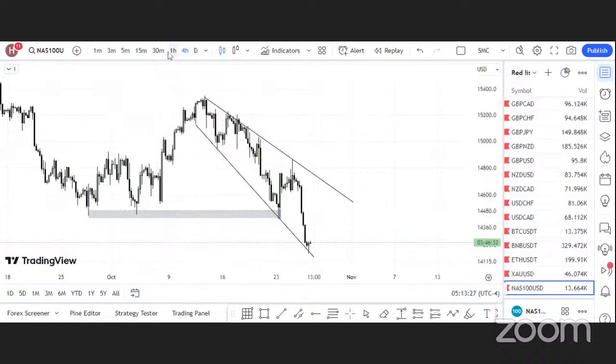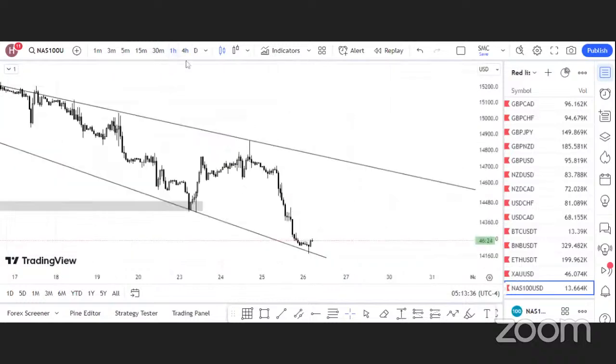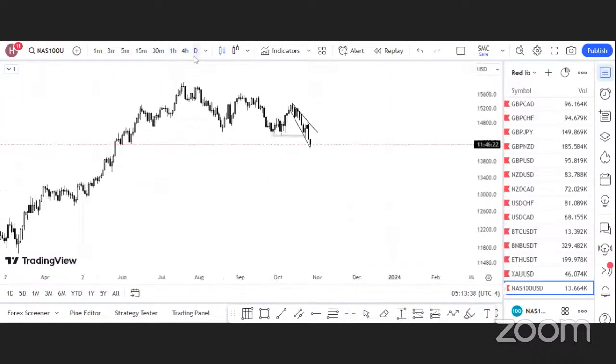All right, let's continue our analysis on the Nasdaq. Let's go to the daily time frame and see why this market is making this move. You see the market is respecting this little movement around these areas.